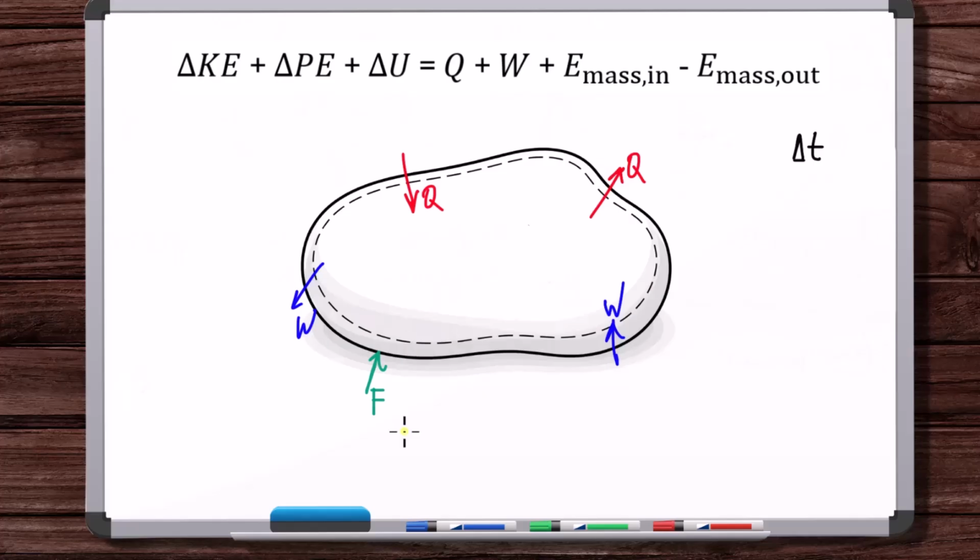So the system boundary is going to have to move. There's no way that work can act on a system boundary if the system boundary is not moving. All right, and so we've talked about how there's two ways that a system boundary can move. A system boundary can move due to the deformation of the system.